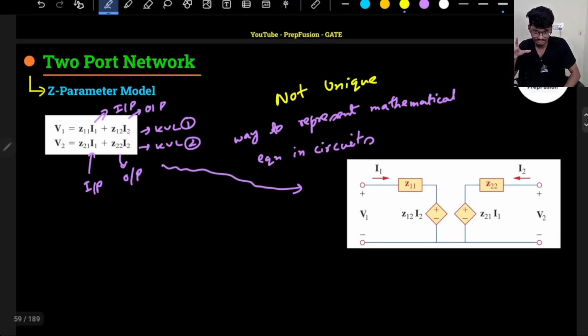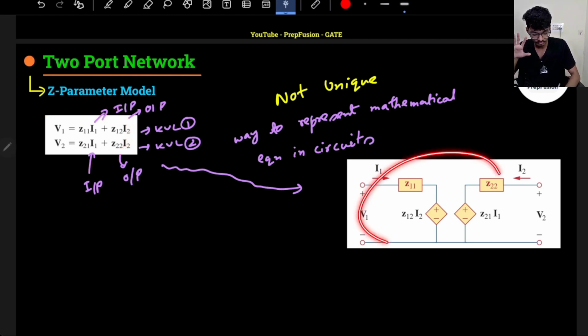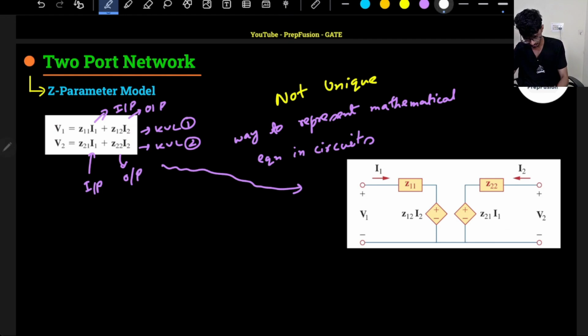Basically, what I mean is, if I know the z parameter of a network, I cannot say what the network is, what the exact places of the elements are. Let's say I have the z parameters of a network: V1 equals 2I1 plus 3I2 and V2 equals 5I1 plus 2I2.